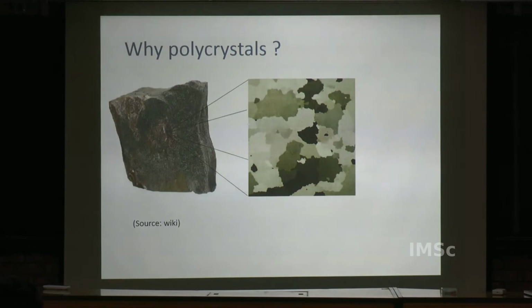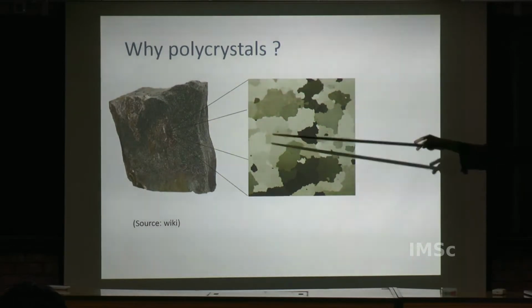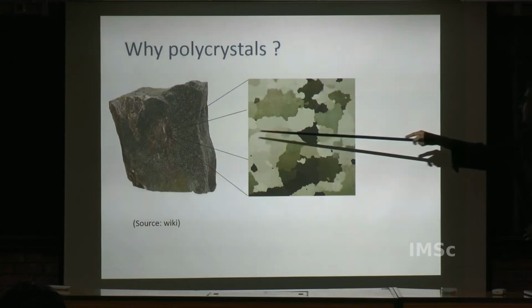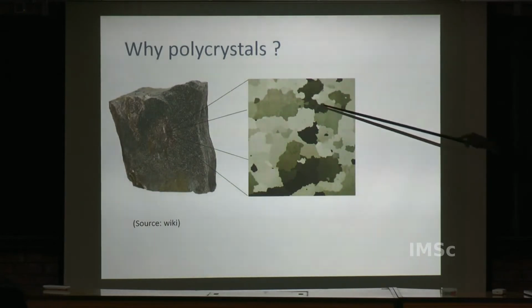Okay, now why polycrystals? That hardly requires an answer because almost all materials in nature are polycrystals. This is just a piece of rock in which you can see this kind of structure where there are grains of different orientations and so on. Now most of the man-made materials, metallic materials, are all polycrystals.